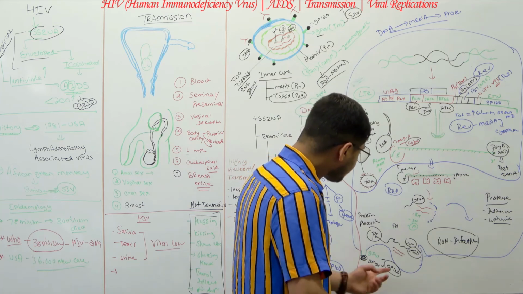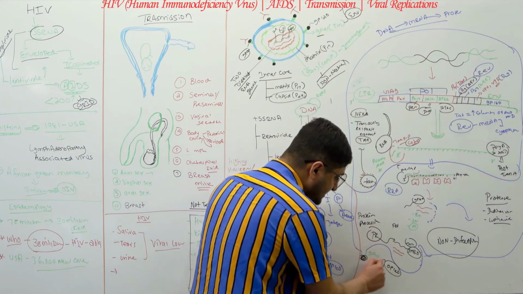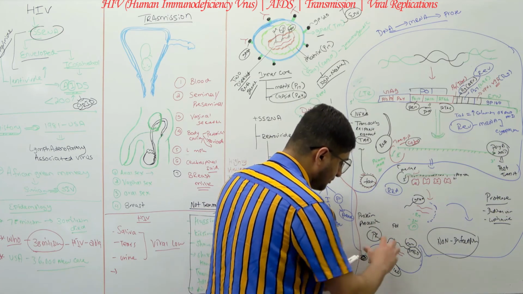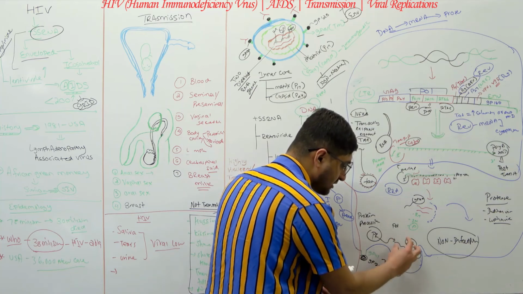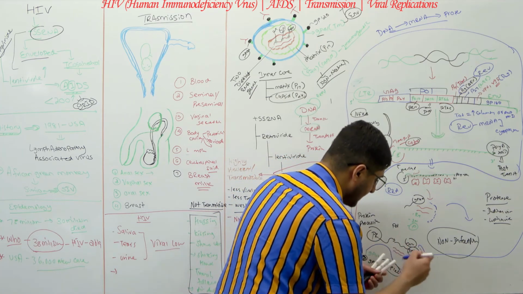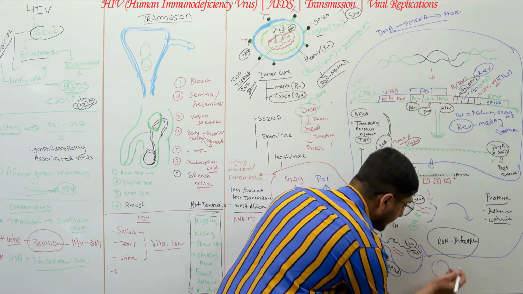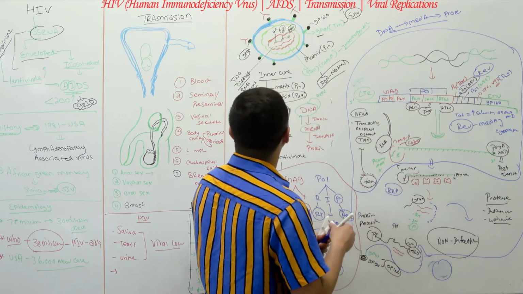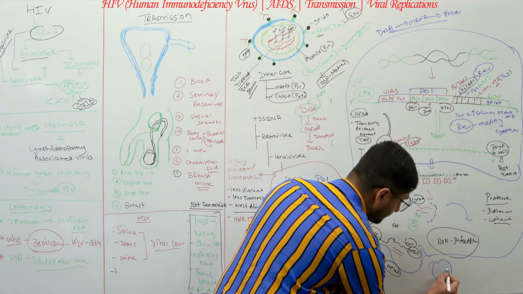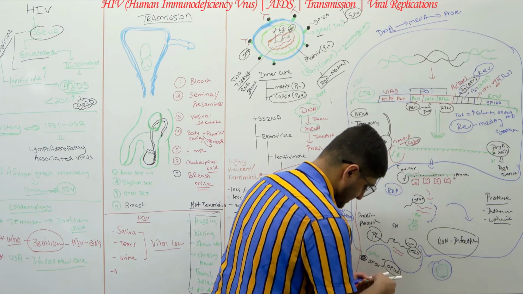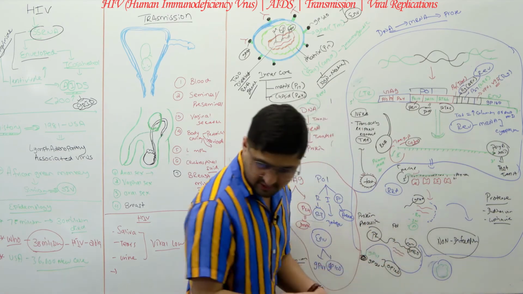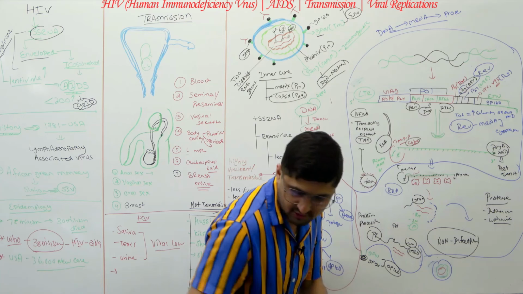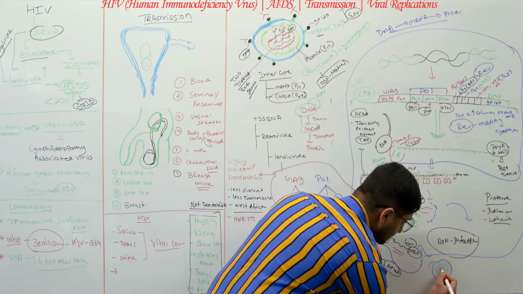Now, once protein processing happens and the protease enzyme cleaves all of this, the functional proteins come together. Let's say this green here is the enzymes, and inside there you have the nucleocapsid and 2 genomes.